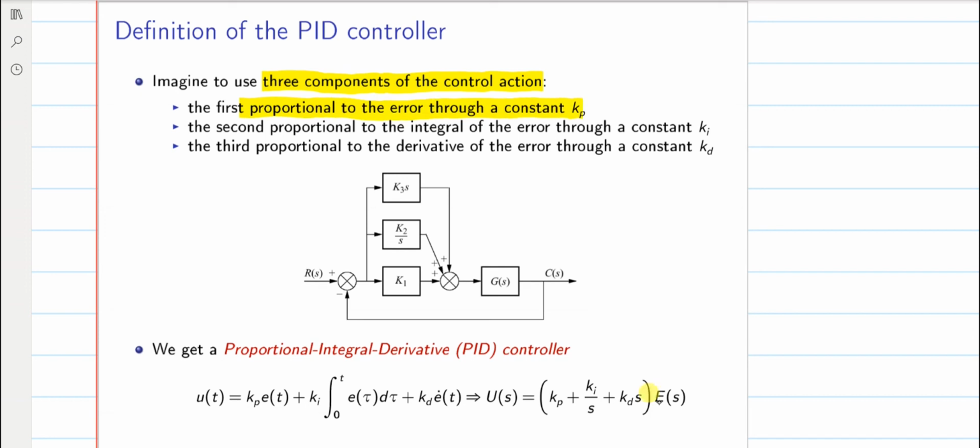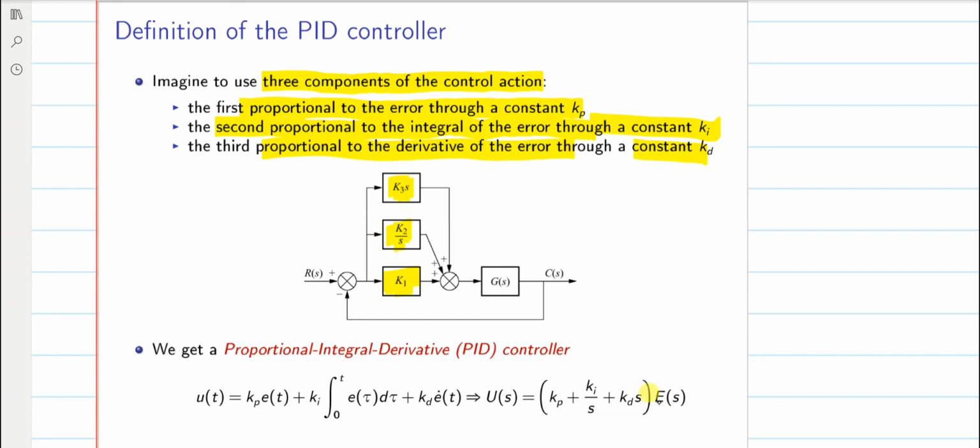The second one will be proportional to the integral of the error through a constant Ki, and the third one will be proportional to the derivative of the error through a constant Kd. So basically we'll have the proportional part, integral part, and derivative part. The PID controller will be a combination of these three components.